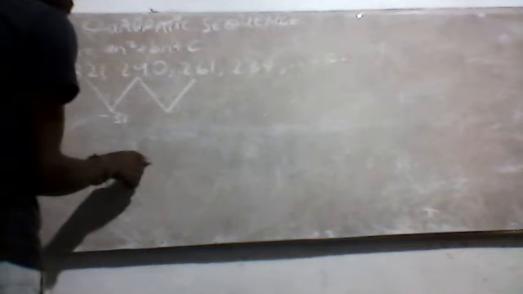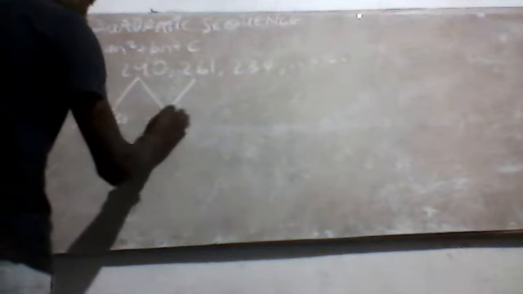So we say 290 minus 321. I'm guessing that is minus 31. We say 261 minus 290. I'm not having a calculator here, guys. I'm guessing this is minus 29.